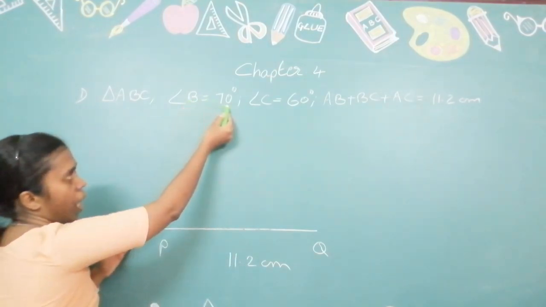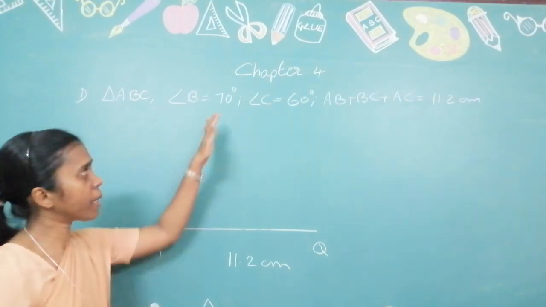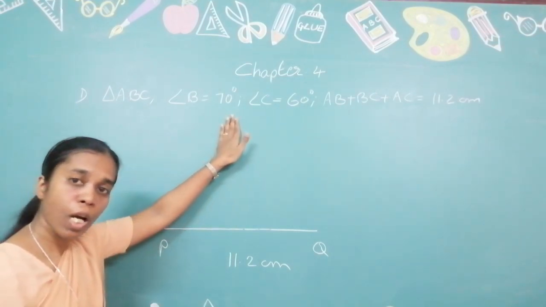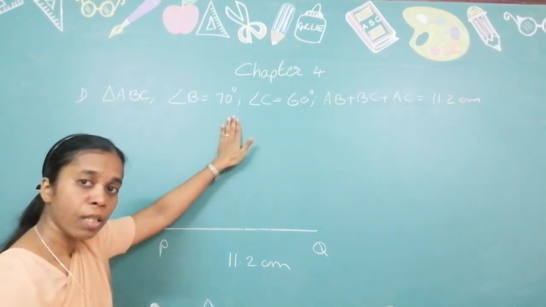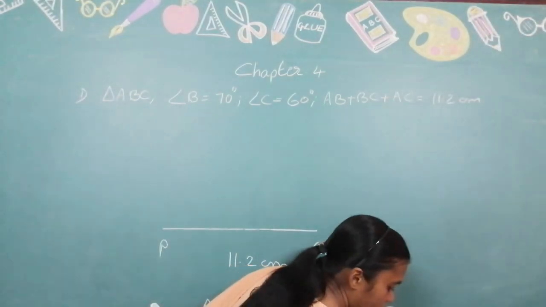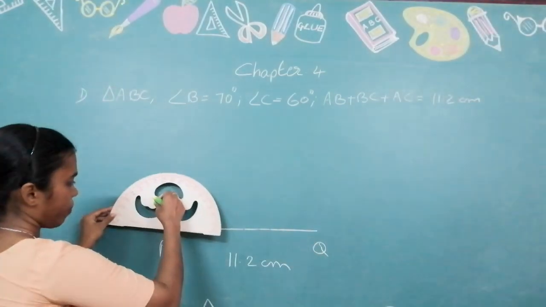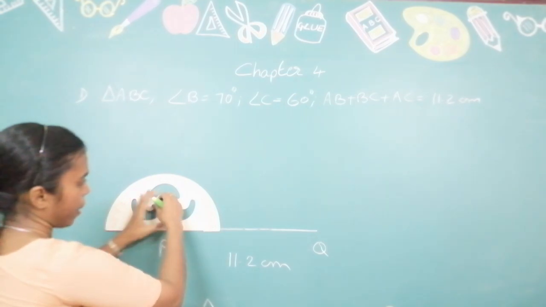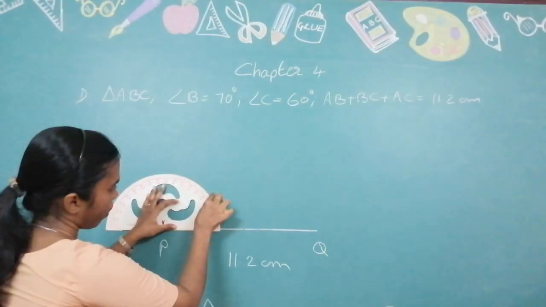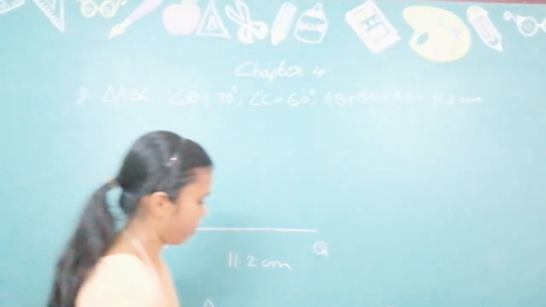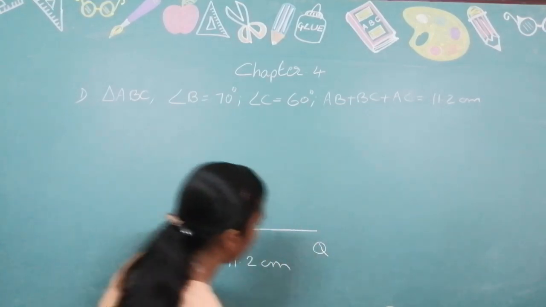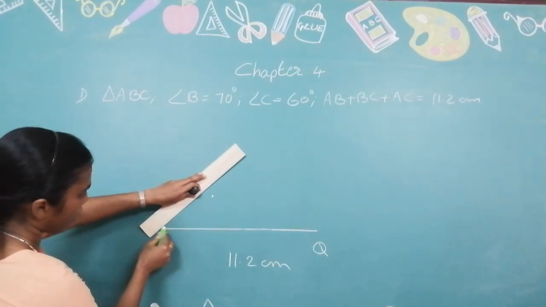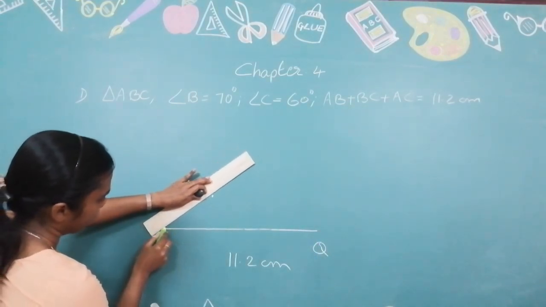We consider half of B. B is 70, so half of B is 35. You take 35 degree from P, and then you draw the ray of it.